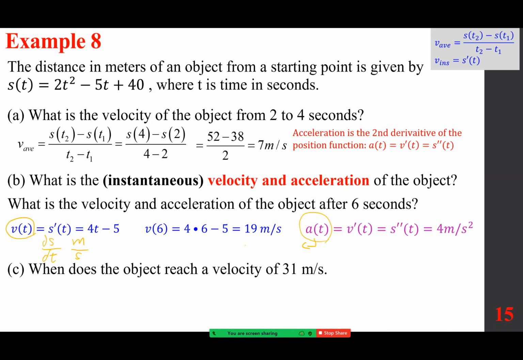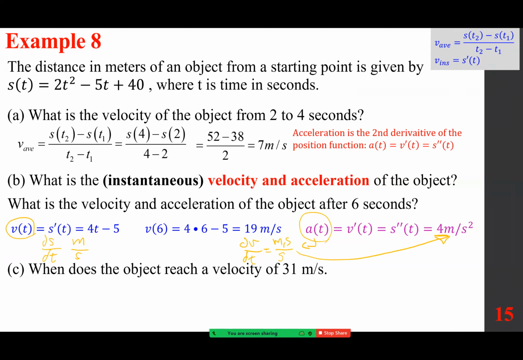Whereas this one is dv dt, which has the units of meters per second for the velocity, seconds for the time, meters per second per second becomes meters per square second.